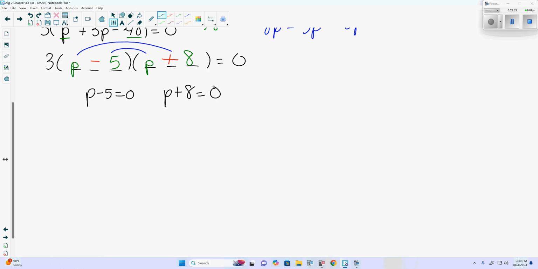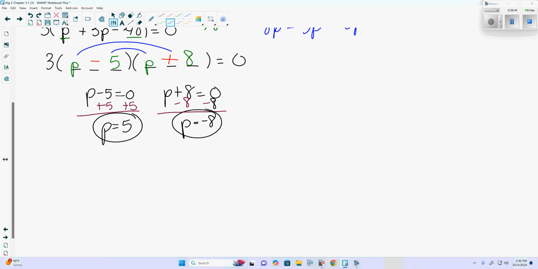For our p minus 5, we would add 5 to both sides, telling us p is 5. For our p plus 8, we would subtract 8, telling us p is negative 8. Questions on this here? Do we feel comfortable with this here?